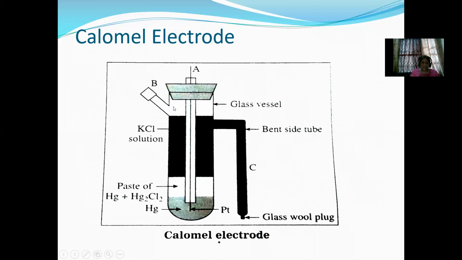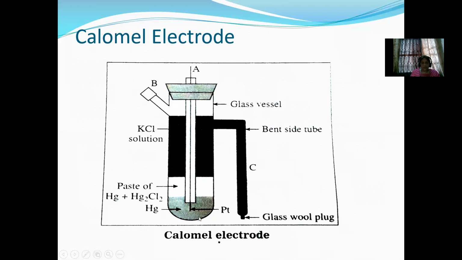Now first let us see how a Calomel electrode can be constructed. Here you can see the diagram for the Calomel electrode. It consists of a glass tube, all made up of glass, and it has two openings. This very small opening is for filling the potassium chloride solution in the tube, and this is another opening, a side tube, which can be joined to any other electrode, which acts as a salt bridge.